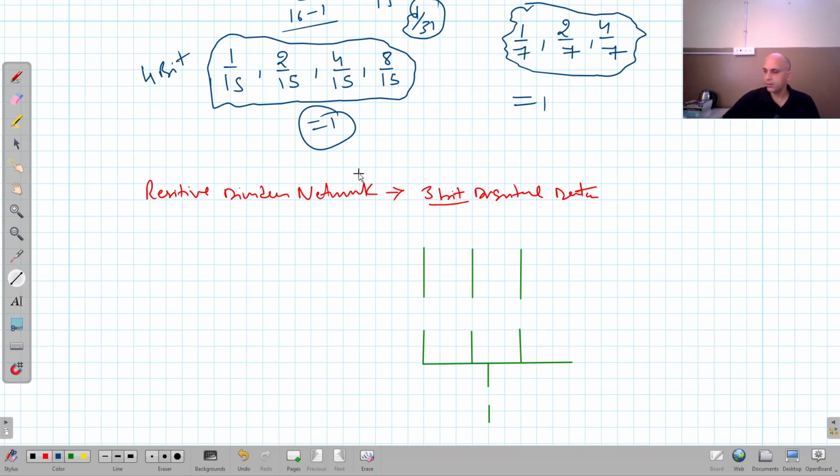This is the resistance for LSB. This is for LSB bit 2 raised to power 0. This is for second LSB 2 raised to power 1. This is for third or MSB. This is the resistance here, resistance here.